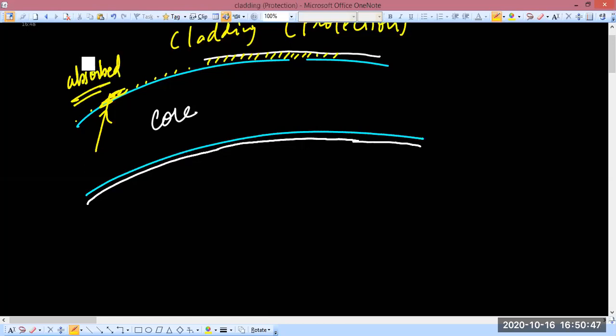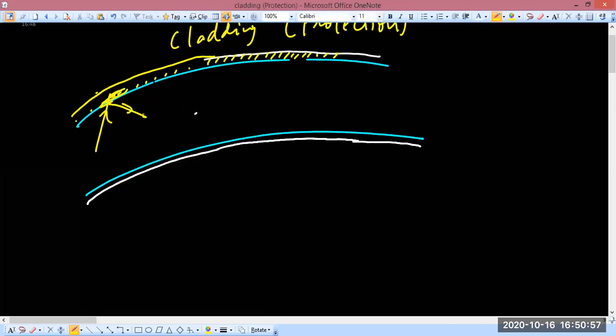But what happens is that because of the cladding, all the total internal reflection will occur here. I hope that makes sense. Light will never go all the way outside, and nothing can come inside because there is a cladding. So even if there is dirt over here, it makes no difference because light is never reaching there.